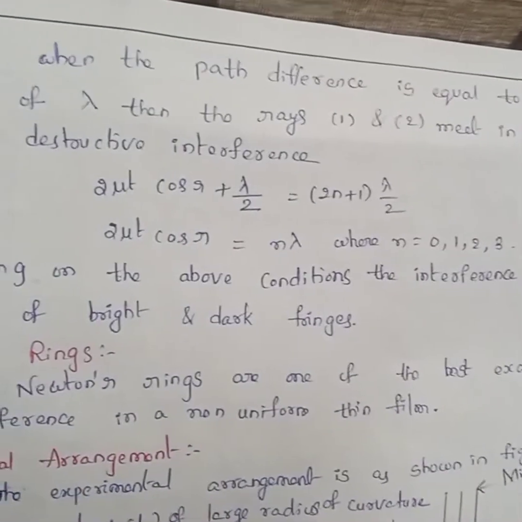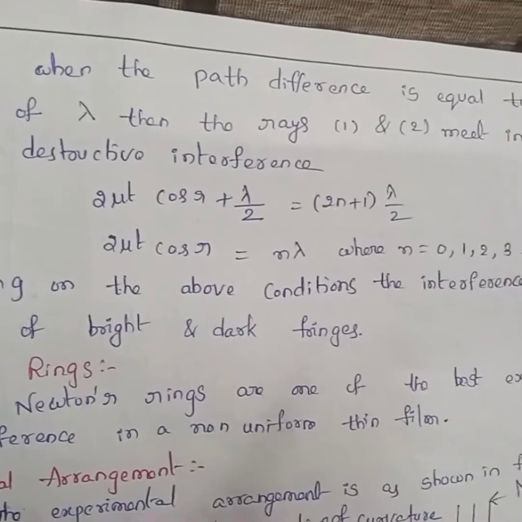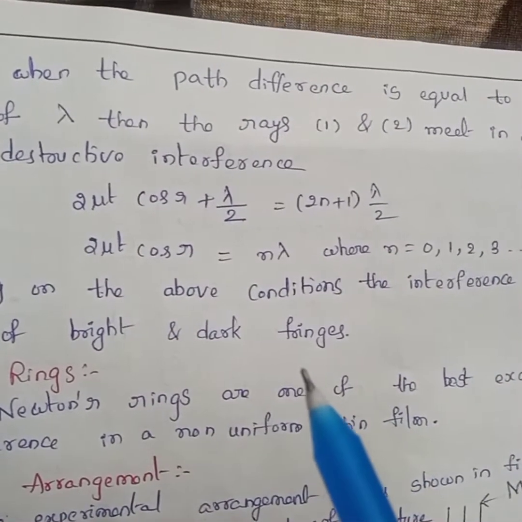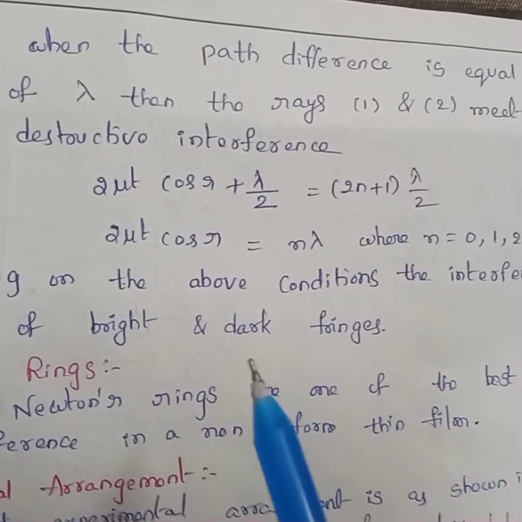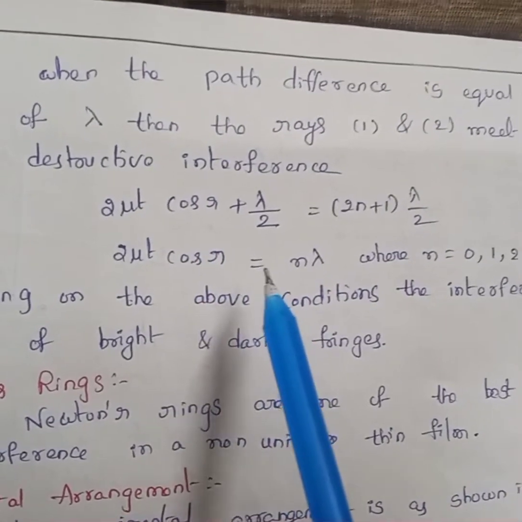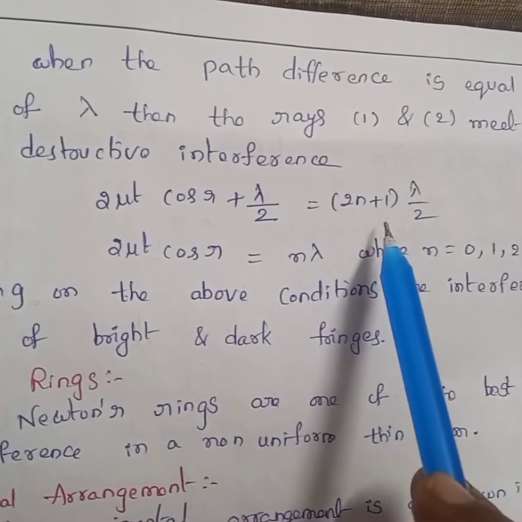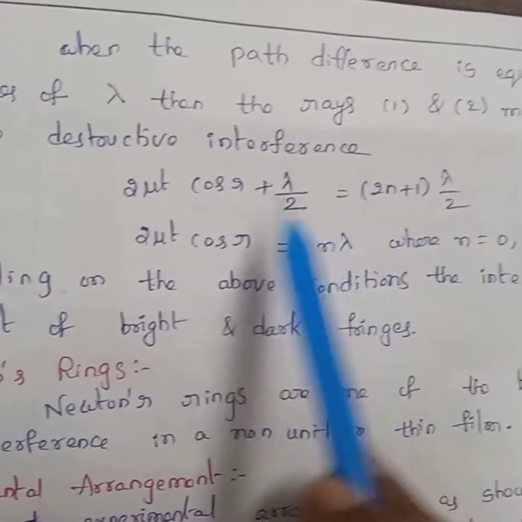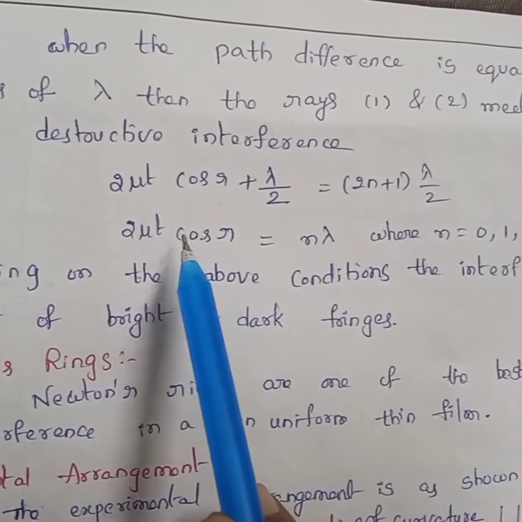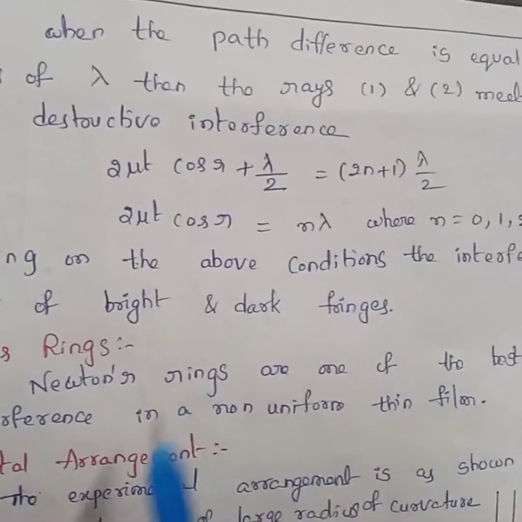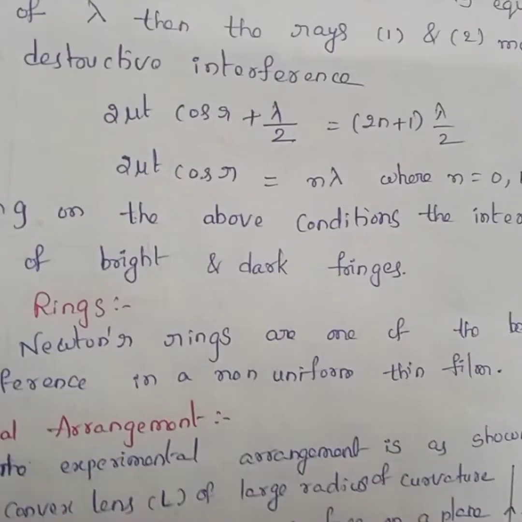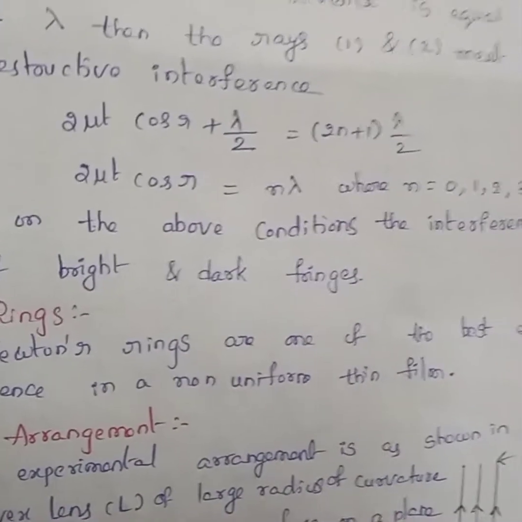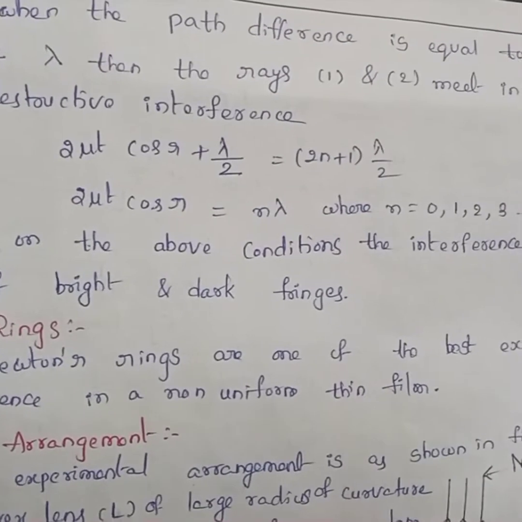And for destructive interference, the path difference is equal to odd multiples of half wavelength. So the equation is 2 mu t cos R plus lambda by 2 is equal to 2n plus 1 into lambda by 2. If we simplify this equation, we get 2 mu t cos R is equal to n lambda. So this is about the interference in thin film by reflection, constructive and destructive interference.